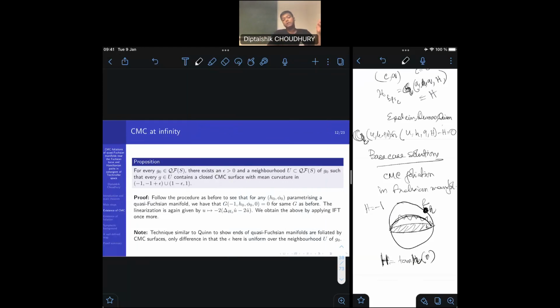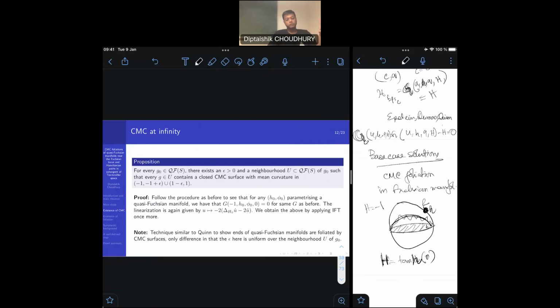So we just make one comment that this is very similar to Quinn's technique of showing that these ends are foliated in quasi-Fuchsian manifolds, but the only difference is that this epsilon we get here is dependent on the neighborhood u rather than the specific manifold that we are treating.